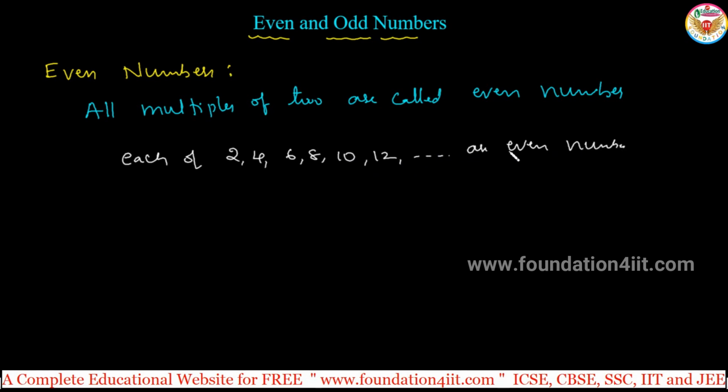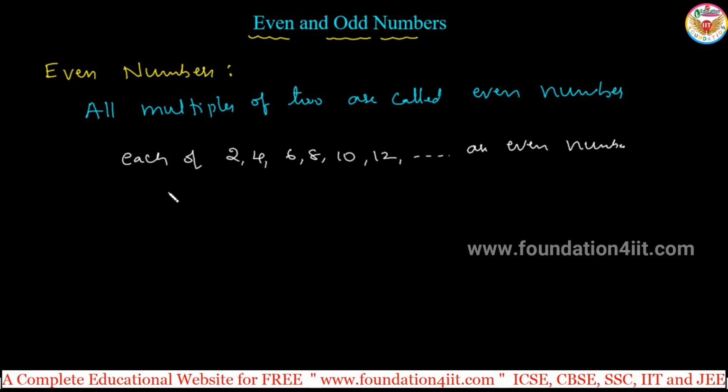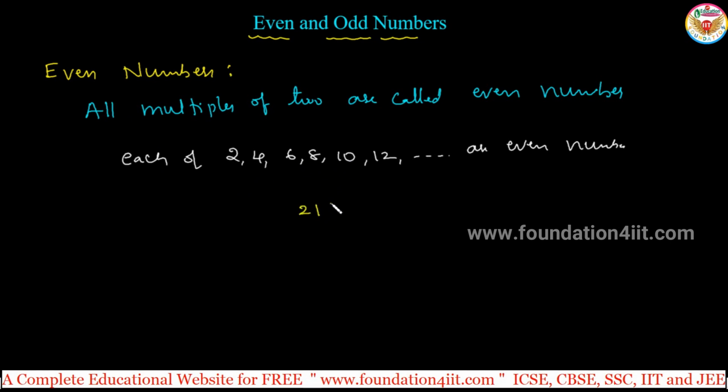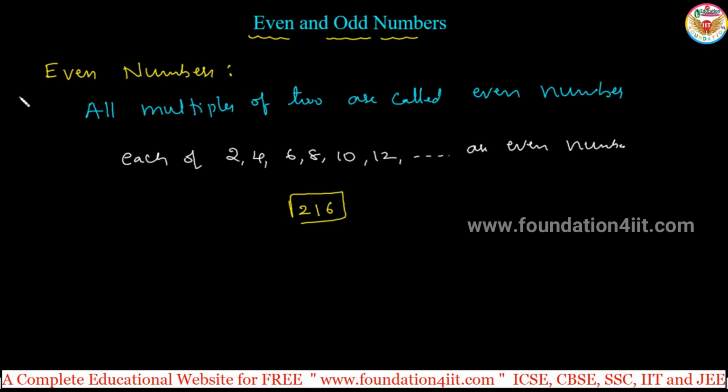So only the even numbers 2, 4, 6, 8, 10, 12 and so on. That means every even number is divisible by 2. If you get somewhere 216, it is an even number because every even number is divisible by 2.